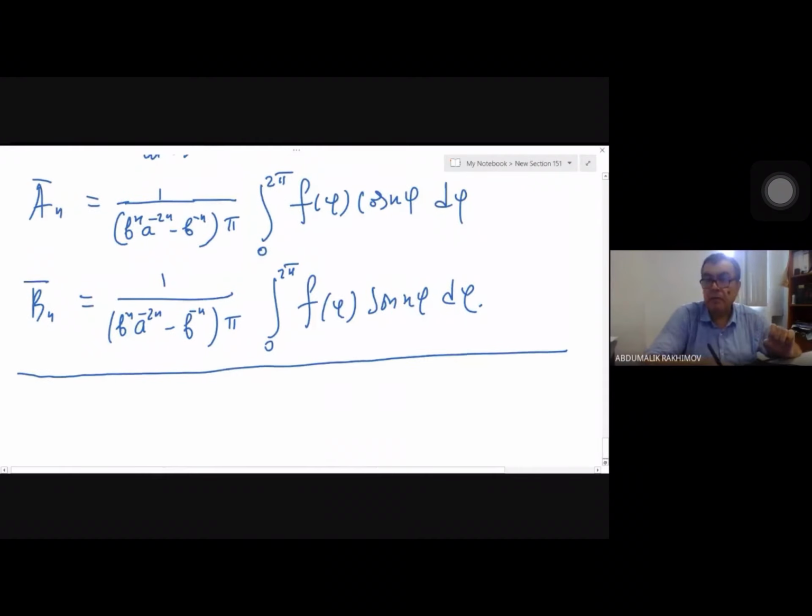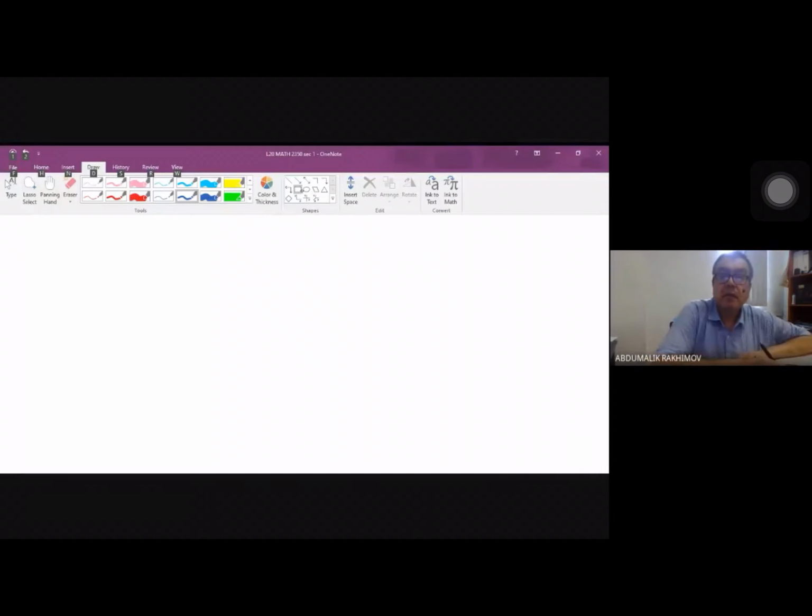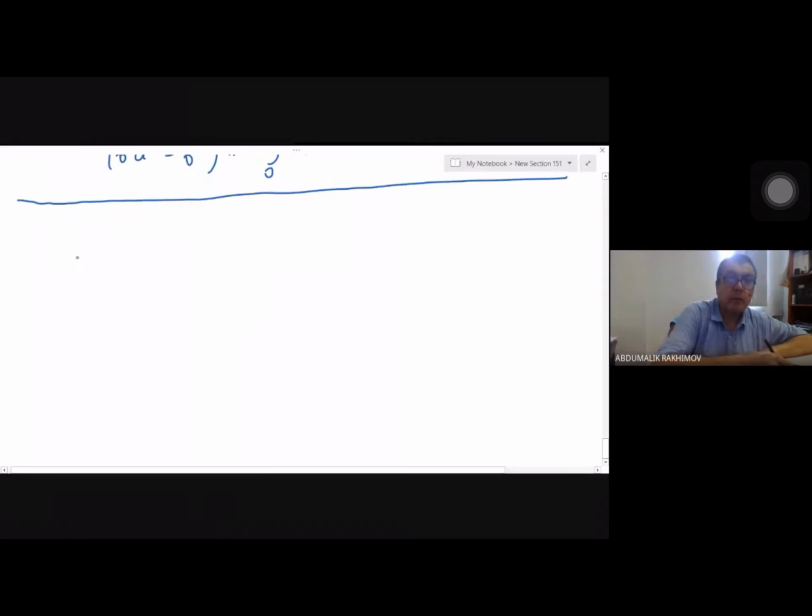Okay, if no questions, let me change the shape of the plate. This is the y-axis, and let this be the x-axis.